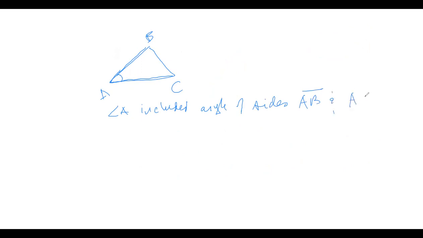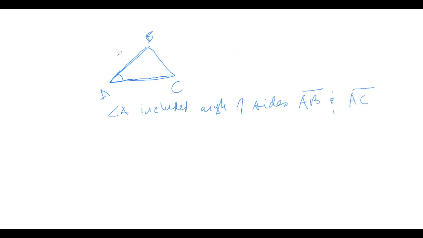we have here triangle A, B, C. Now, this side here and this side here will have this included angle. So angle A is termed the included angle of sides what? AB and AC.